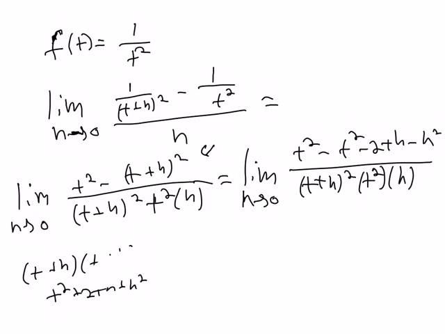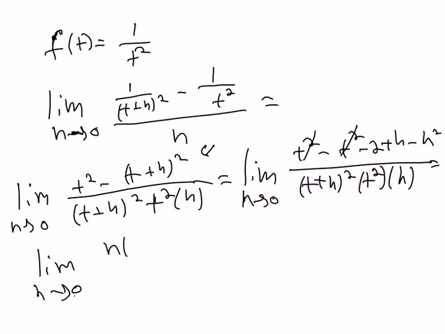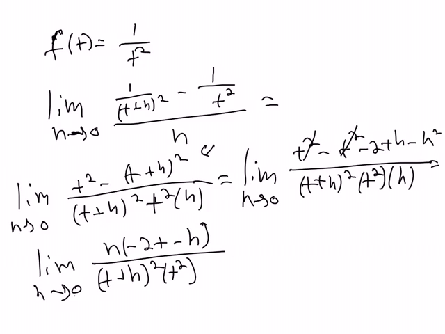So now these cancel, and I'm going to take out an h. This is the limit as h goes to 0 of h times (negative 2t minus h) over (t plus h) squared times t squared times h.